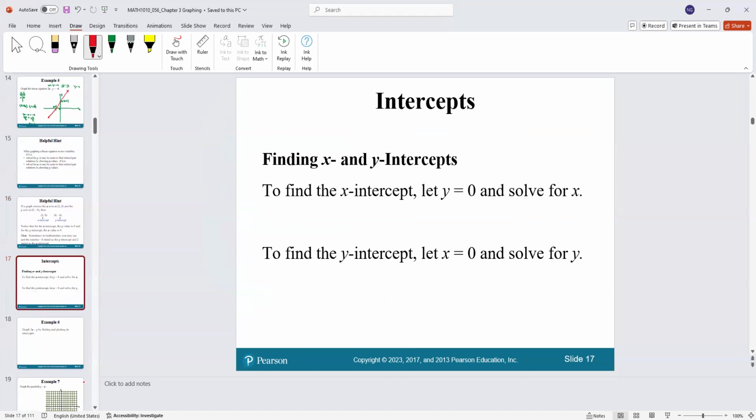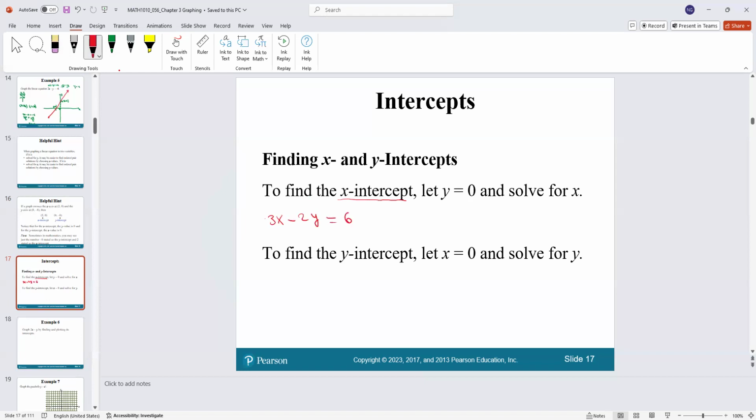So how to find the intercepts? I think that's one of the topics we need to cover. That helps us a lot to go faster with graphing those types of equations. Okay, so to find the intercepts, you let y equal 0 to find the x-intercept. For example, if I have the equation 3x minus 2y equals 6.